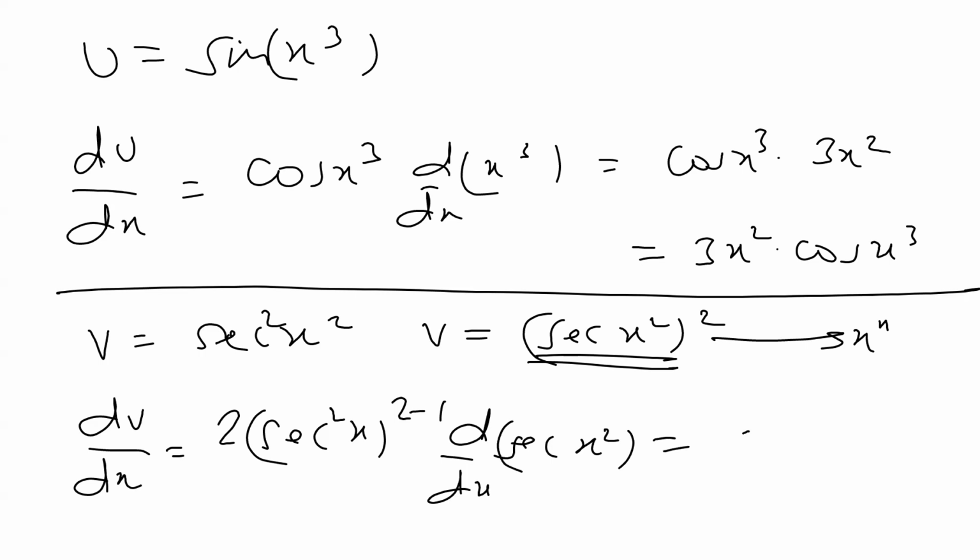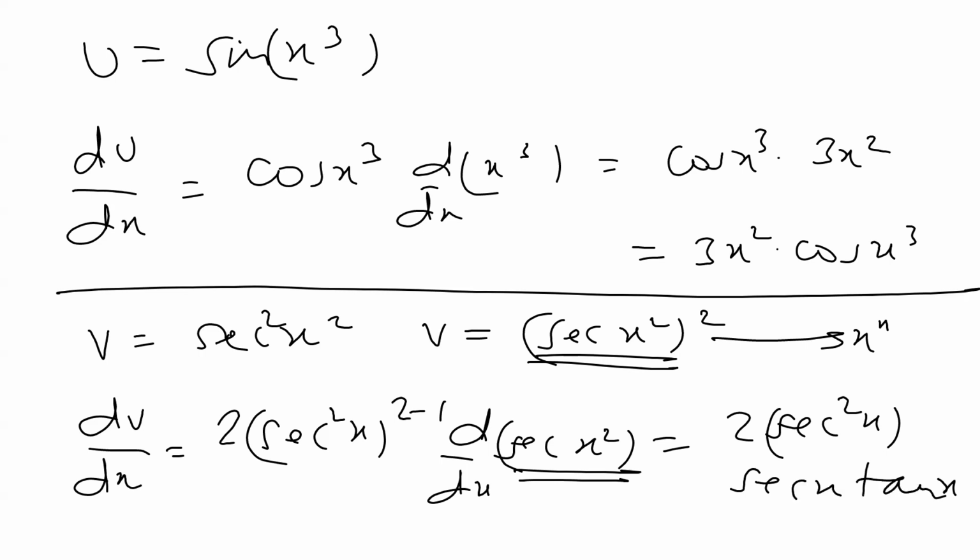Okay, this will be 2 sec x square. Differentiation of sec x is sec x tan x. So sec x into tan x, but then square will come. Okay, because it is sec x square into d by dx of x square. So one more time derivative of x square. So this is going to be 4x.